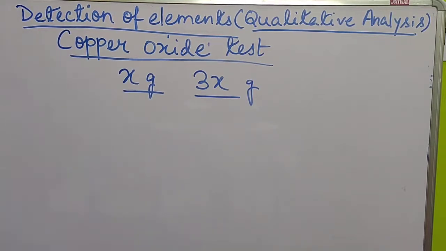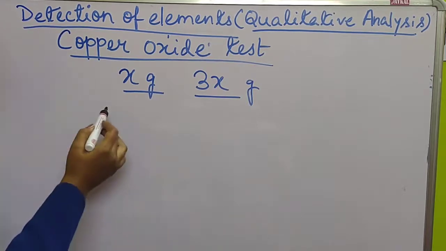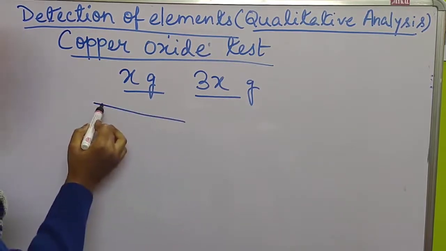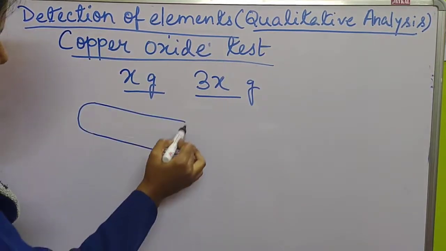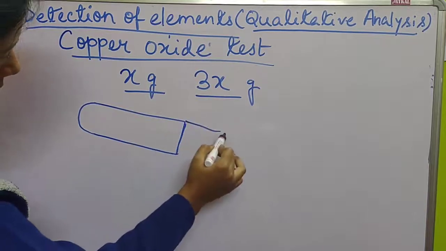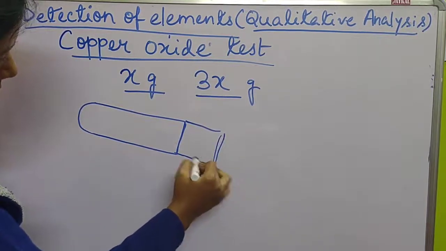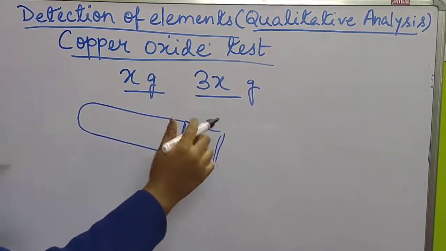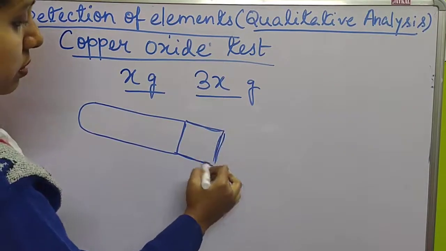Then this mixture is heated in a glass test tube. Suppose this is a test tube, placed in a bent position.